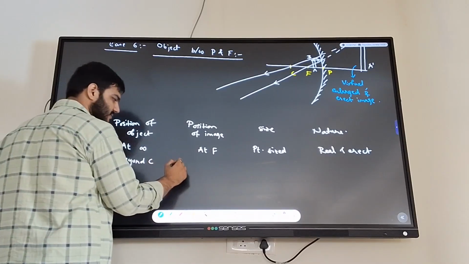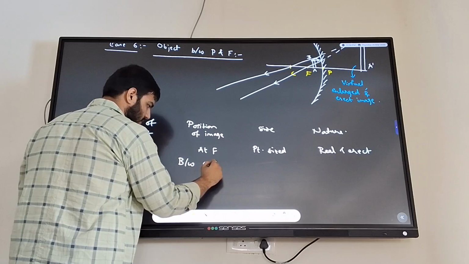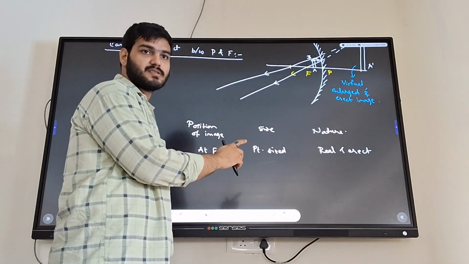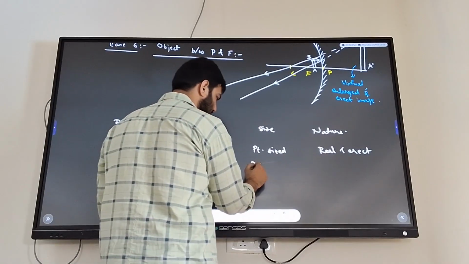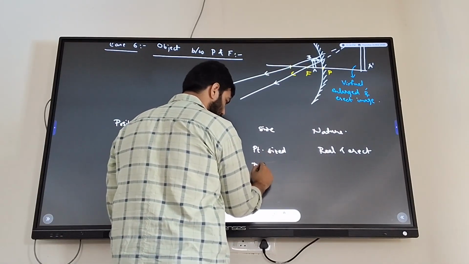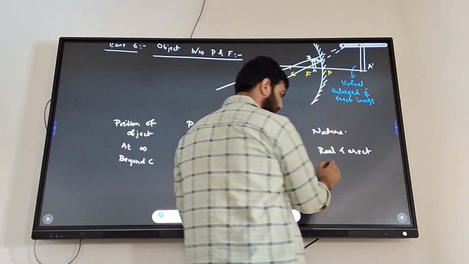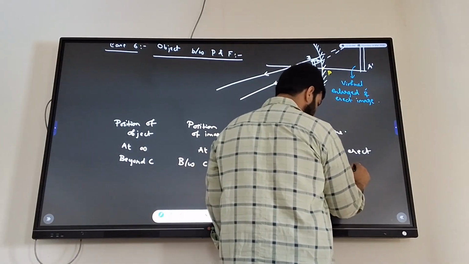Between C and F, right? Between C and F. What was the size? Anybody remembers? Diminished. What was the nature? Virtual, and virtual? No, sorry. Real and inverted.